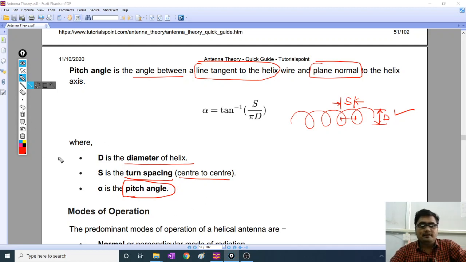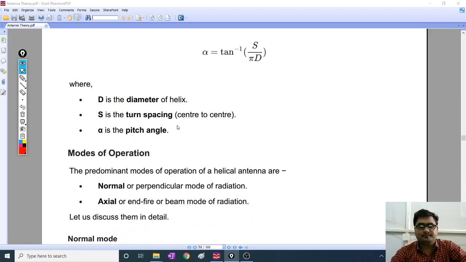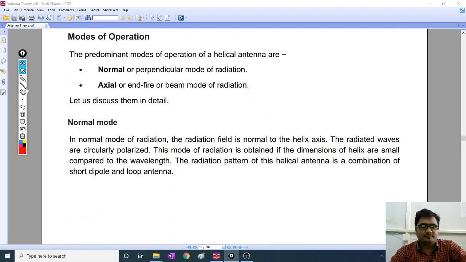Now generally a helical antenna or helix operates in two modes, and depending on that mode, the helix is classified into two types. Let me tell you what those types or modes of the helix are. Look at those. This is normal and the second one is axial. Now what is that normal mode? Normal means it is perpendicular to the radiation.